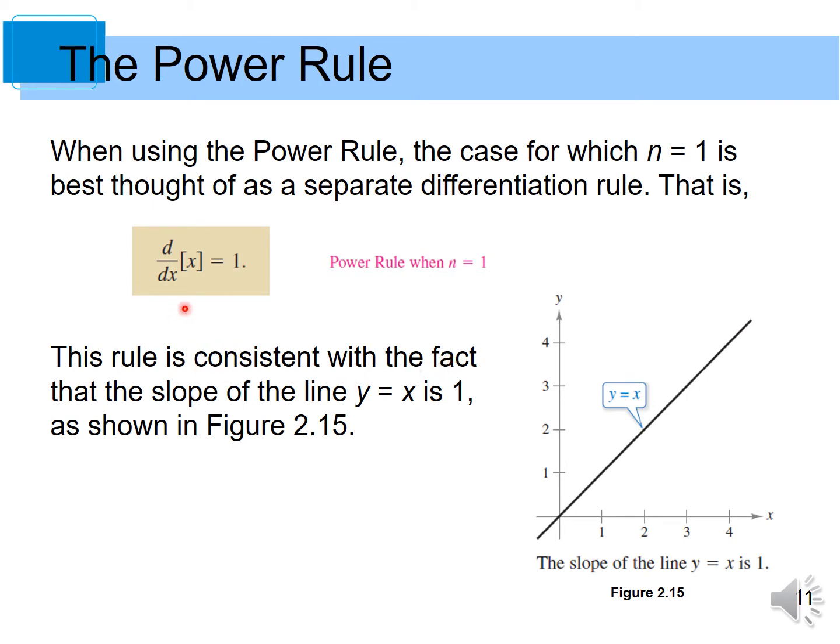For the derivative of x with respect to x, we can use the power rule because n is equal to 1. And the meaning of this derivative is that the slope of the line y equals x is equal to 1.